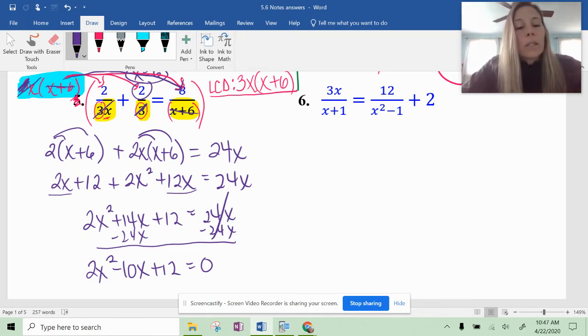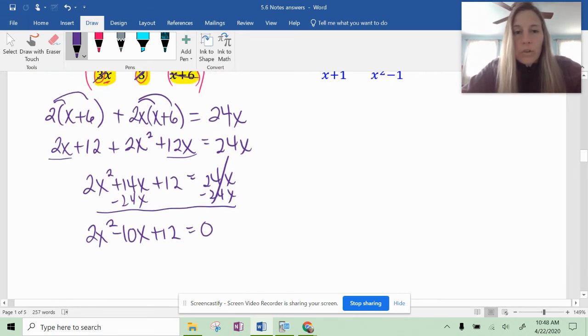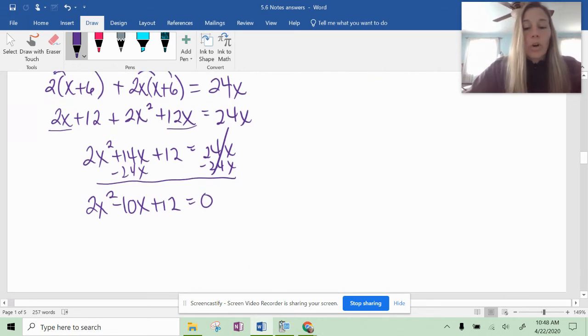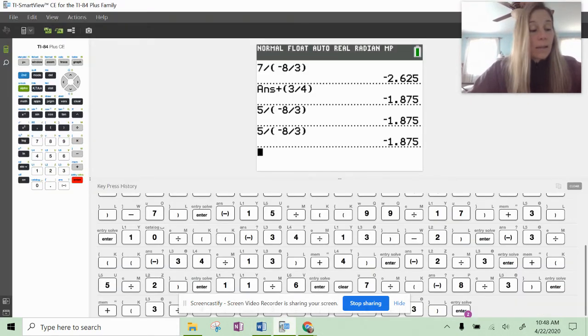Now this is where it can get a little bit dicey because you have to use your quadratics to solve it. Okay, now one option, you can use your graphing calculator to check this, which I would encourage. You could even do that first just to get the answers.